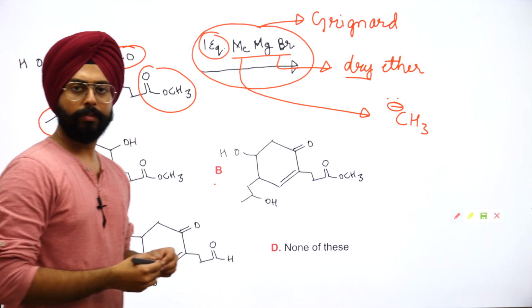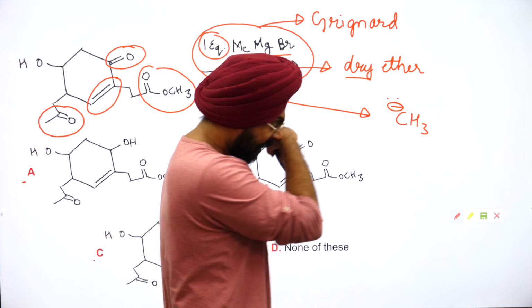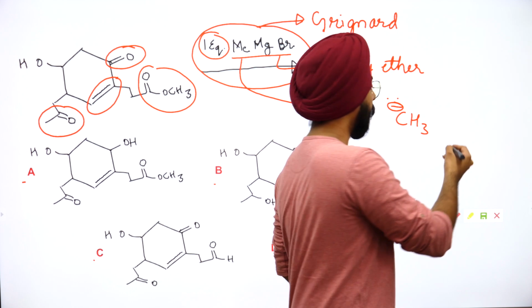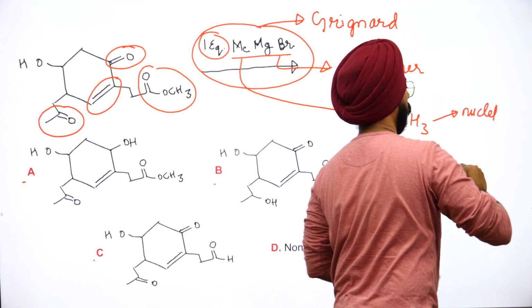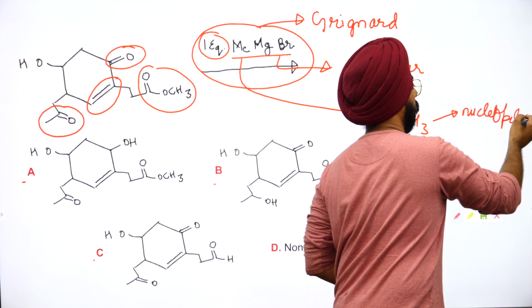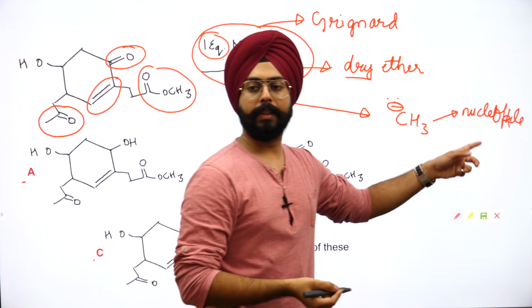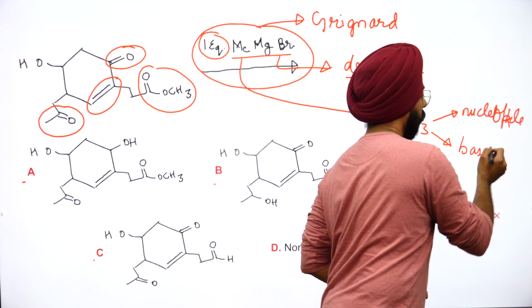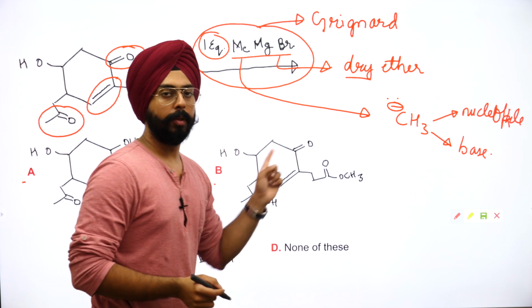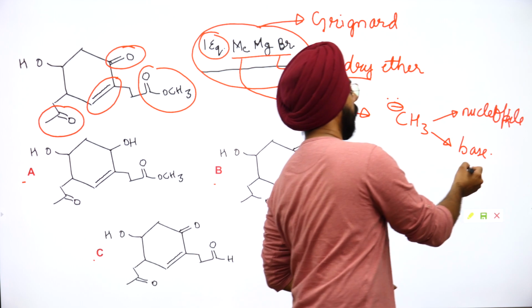That is what it's going to give you. Now, this carbon ion can act as a nucleophile, or this can act as a base. Nucleophile में it will attack a carbon, base में it will simply capture a hydrogen.